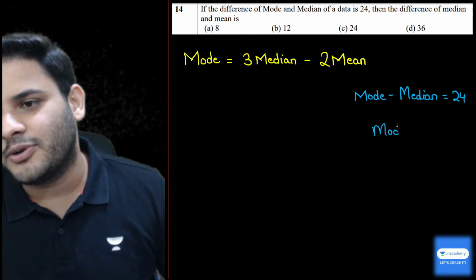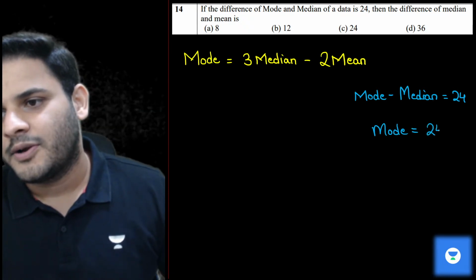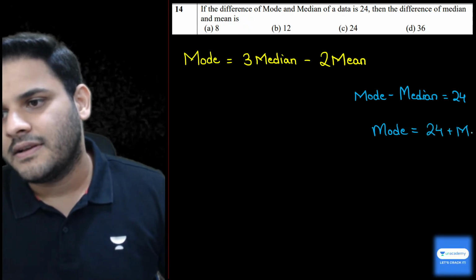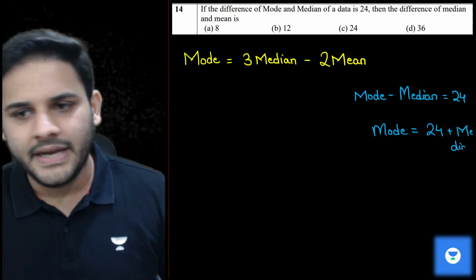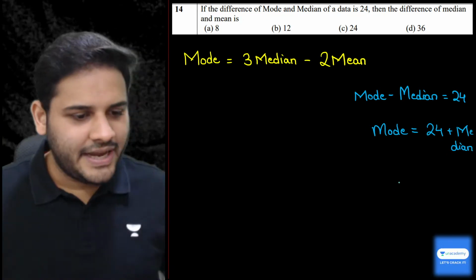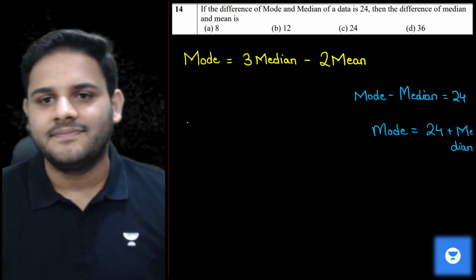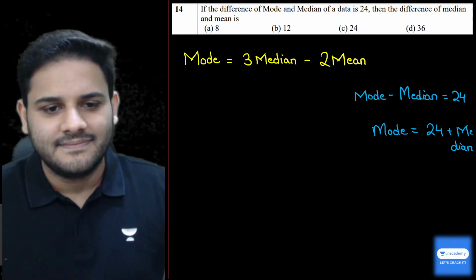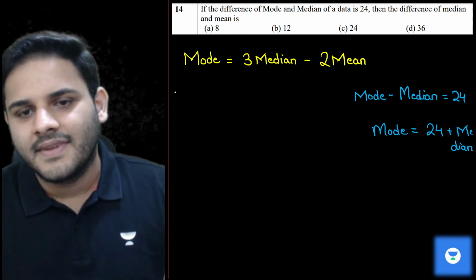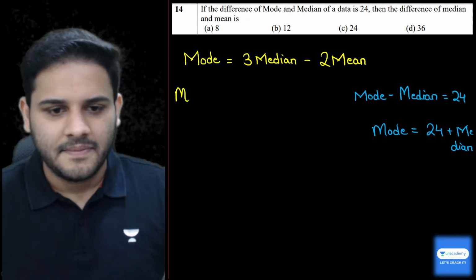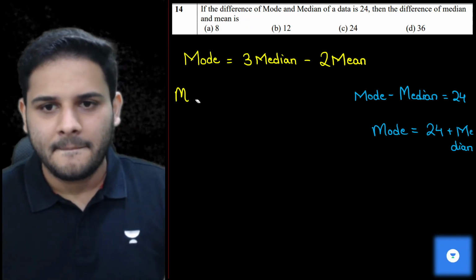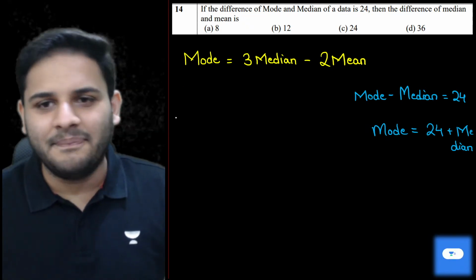Mode is equal to 24 plus median. Okay. Then कितना सिंपल है यार दोस्तों.